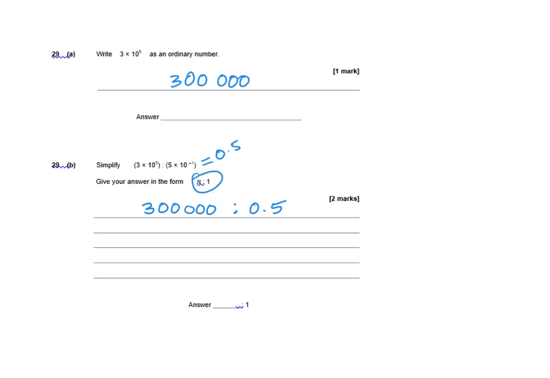The format I want is that, so I'm going to times by 2, which makes that 1, and therefore I must times this by 2 as well. The question was given in standard form, so I guess I should put it back there. So therefore that would be 6 times 10 to the 5. So 6 times 10 to the 5 is what we need.